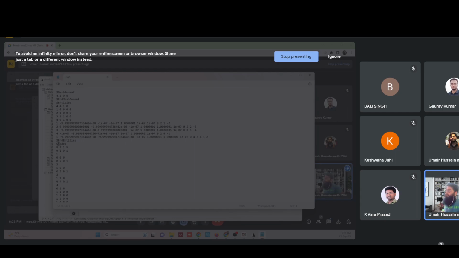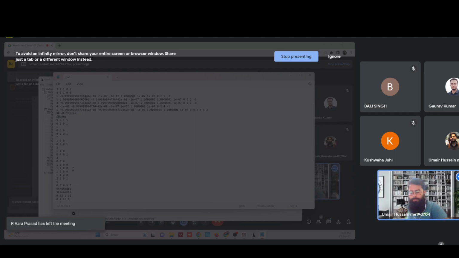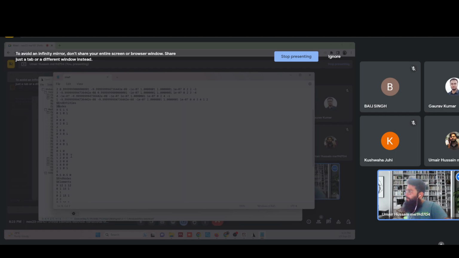And then we have nodes. So this is your node data. It's a little complicated for me.